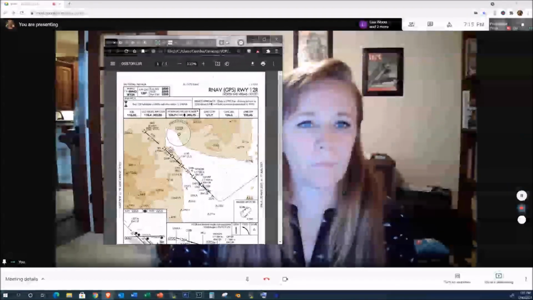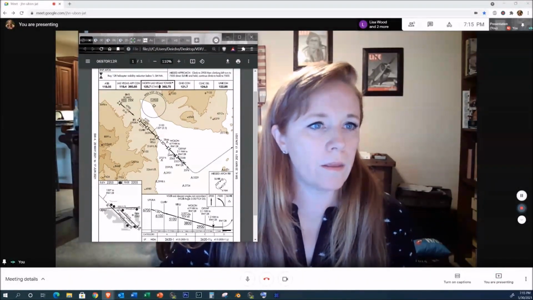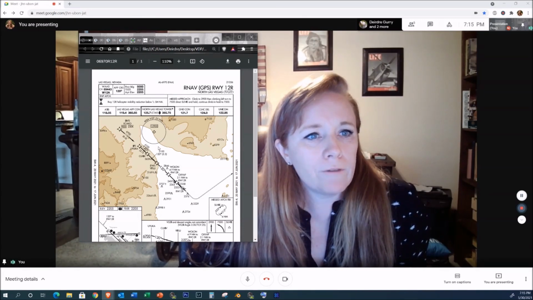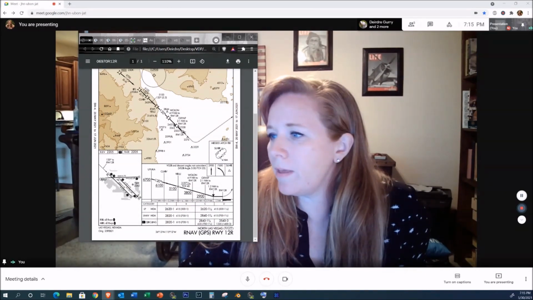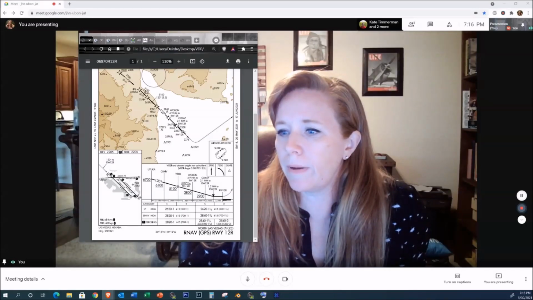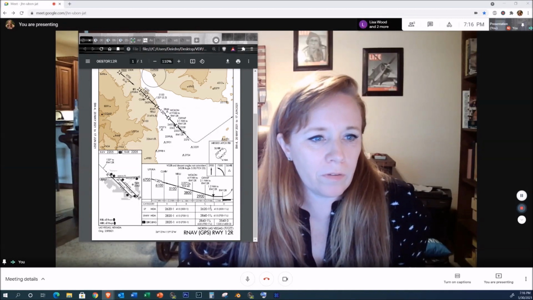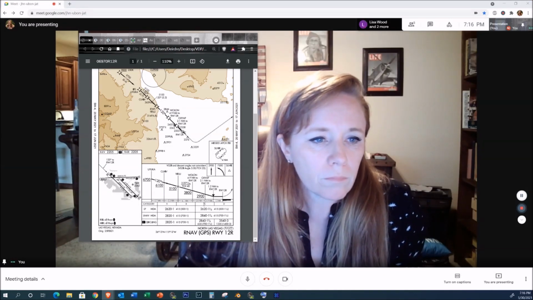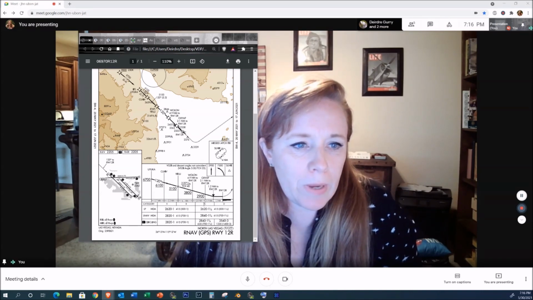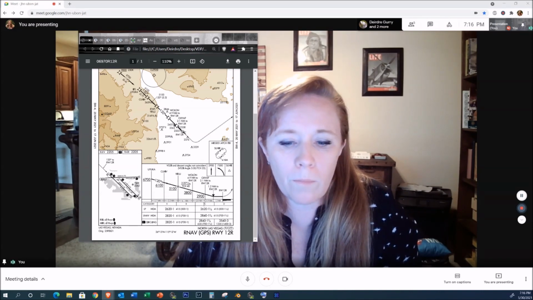All right, so you can see this North Las Vegas, which is VGT, RNAV GPS runway 12 approach. And this is actually why I started this today, because there was a Facebook question somebody had asked about this specific approach. He looked at this and saw the VDP, and the VDP is 1.2 miles.